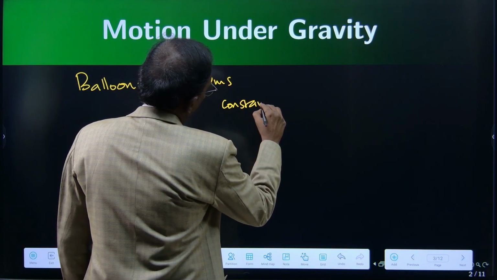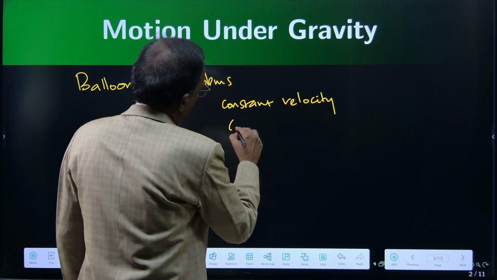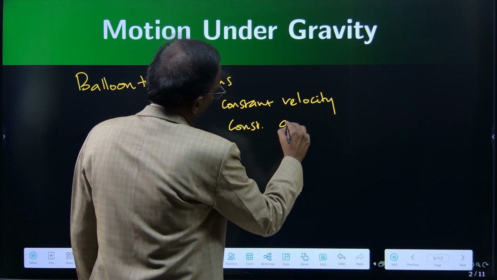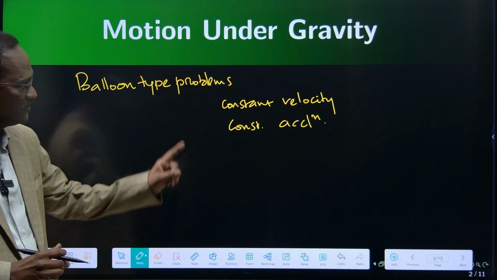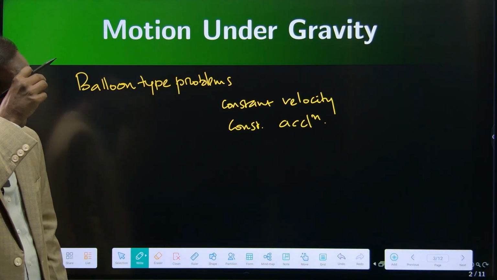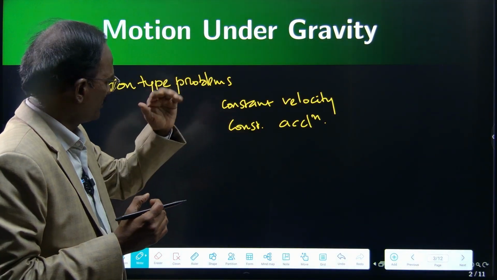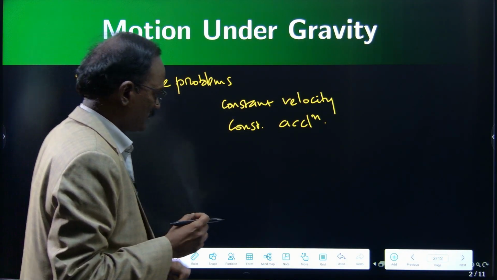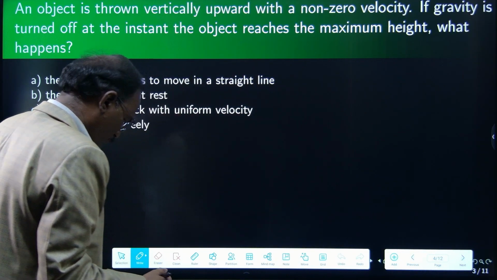This data will be given in the problem, constant velocity or constant acceleration. To solve these kinds of problems, you have to look for the data of constant velocity and constant acceleration. So let us go to the problem straight away and we will see them one by one.